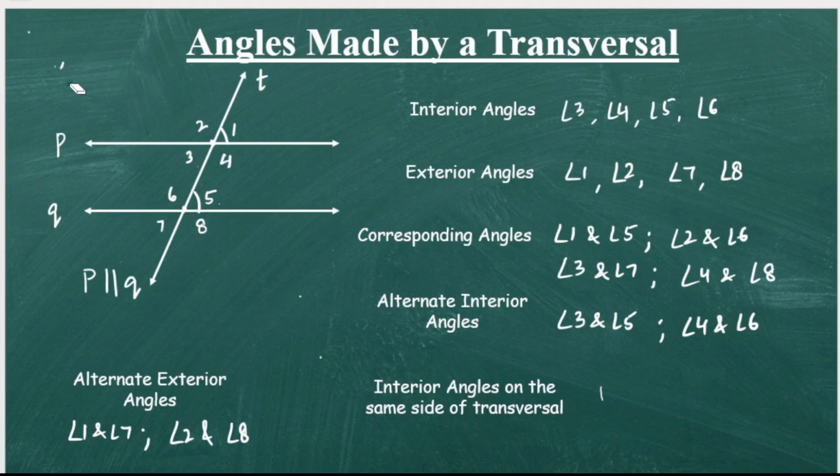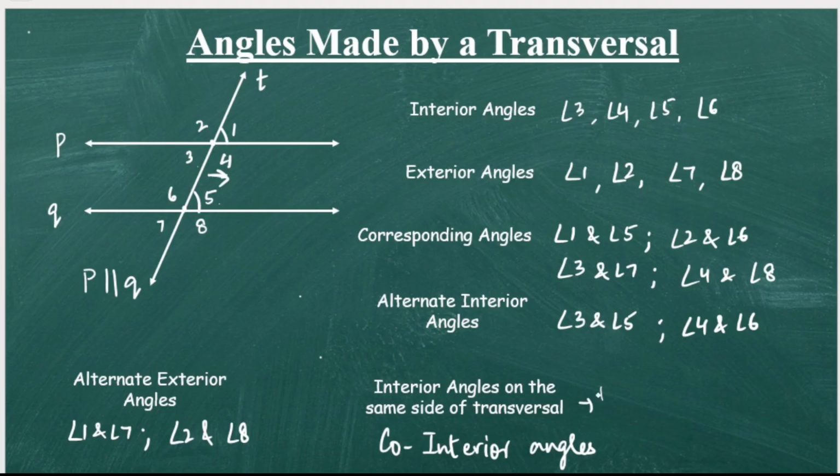My last pair of angles are the interior angles on the same side of the transversal, which are also called co-interior angles. Now, the angles are interior, so I'm concerned with 3, 4, 5, 6, and they should be on the same side of the transversal. If I'm taking 4, the other interior angle on the same side of the transversal, on the right side, is 5.